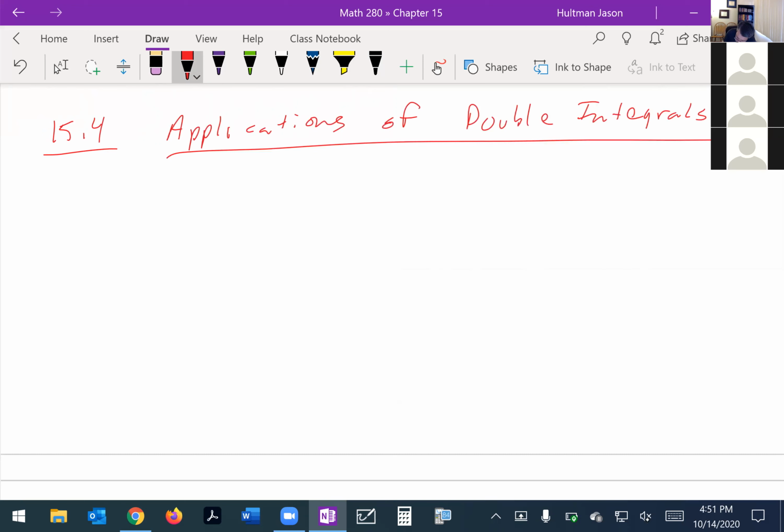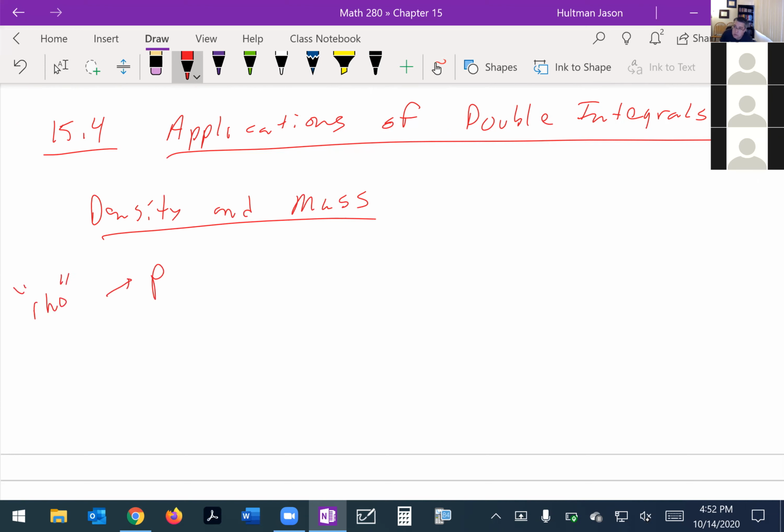So density and mass. I could have a density function, which is really rho. I don't know how to draw rho real well. It's a Greek letter rho.